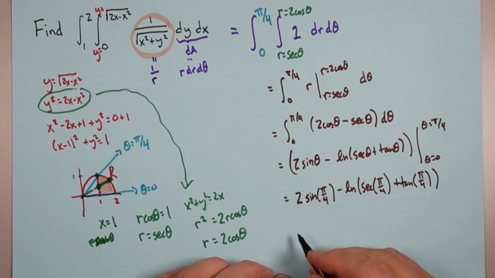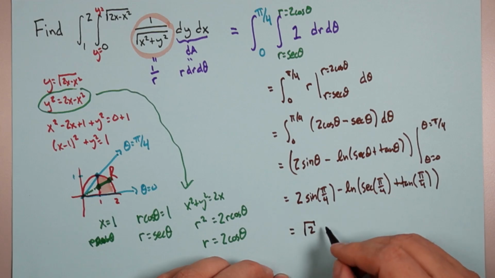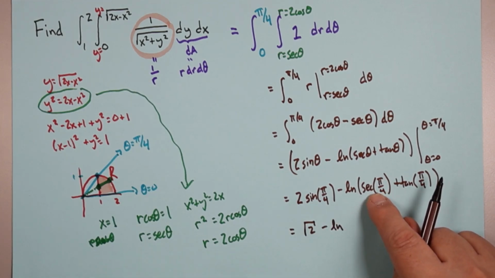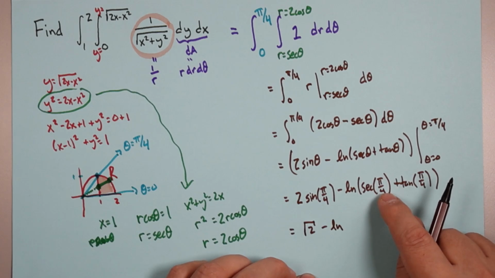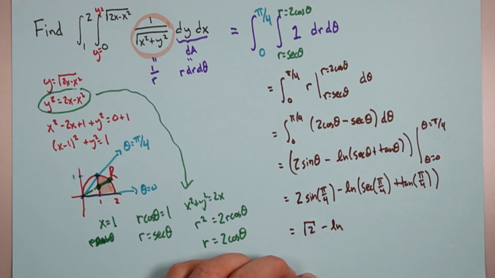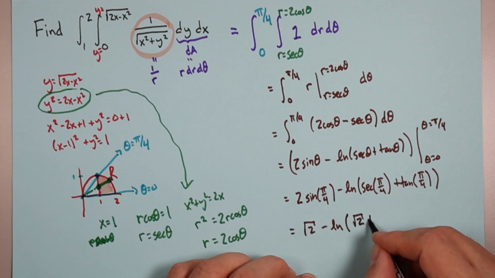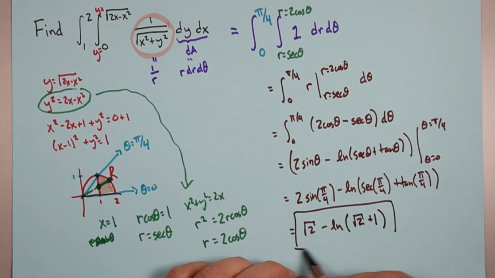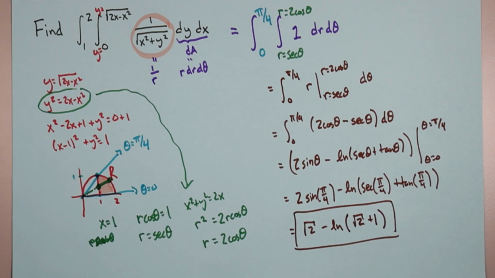Times 2 means you're going to get square root of 2, minus log. Secant of pi fourths is 1 over cosine of pi fourths, and cosine pi fourths is root 2 over 2. When you flip it over, you get 2 over root 2, also known as square root of 2. Tangent of pi fourths is 1. So we end up with square root of 2 minus natural log of square root of 2 plus 1.